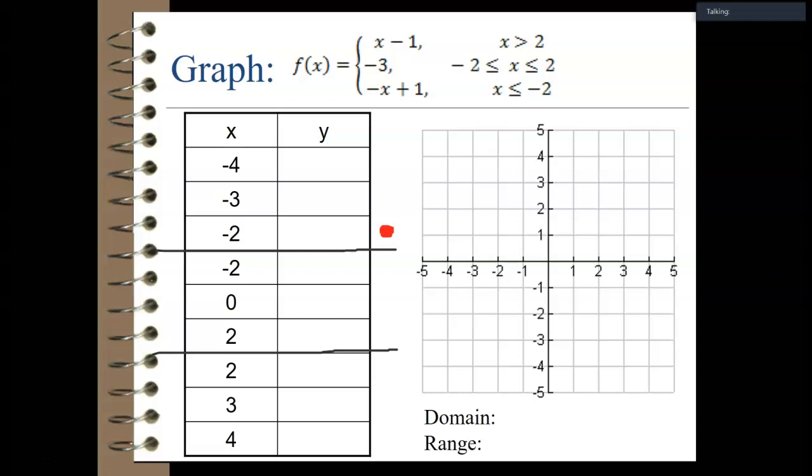So a negative and -4 is a positive 4 plus 1, which is 5. A negative and -3 is positive 3 plus 1, so you get 4. A negative and -2 is positive 2 plus 1, so you get 3.